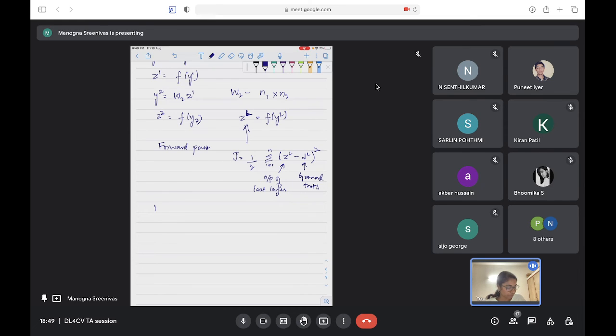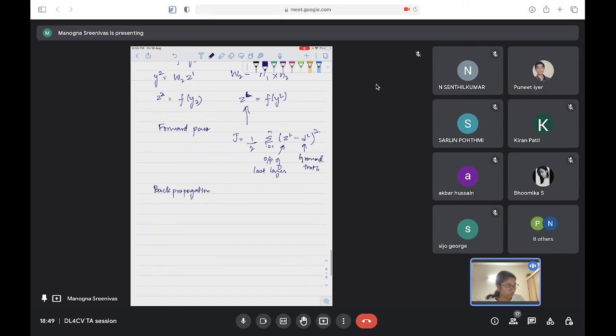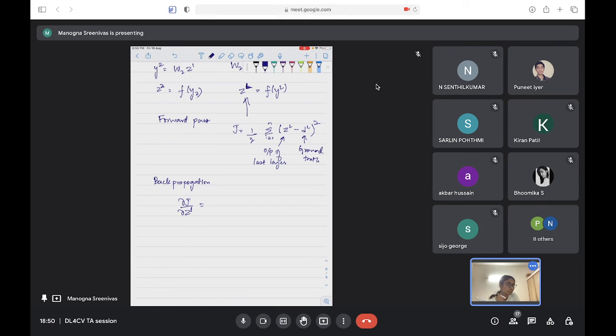So in backpropagation, what I do is go stepwise backwards. From here, with respect to Z, I can compute the gradient, right? dJ by dZ_L I can compute using this equation. So what is dJ by dZ here?